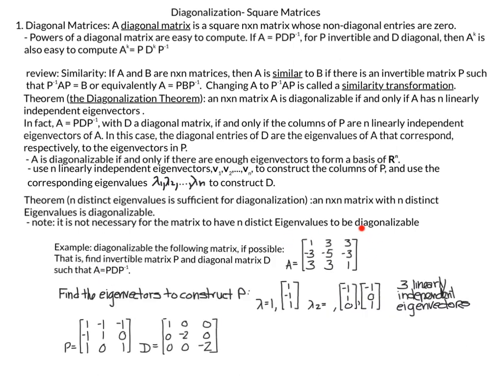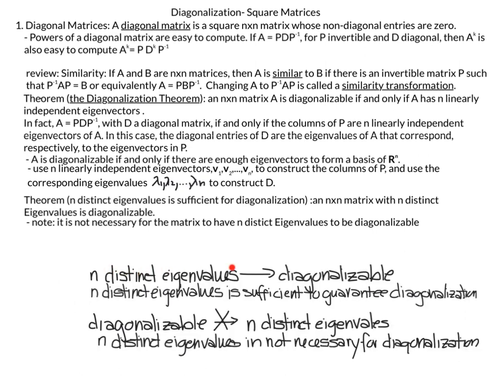And in fact, we had the example where A was equal to 1, negative 3, 3, 3, negative 5, 3, 3, negative 3, 1, and we only had 2 eigenvalues. The eigenvalue lambda equals negative 2 had multiplicity 2, but we were still able to find P and D, and it was indeed diagonalizable.